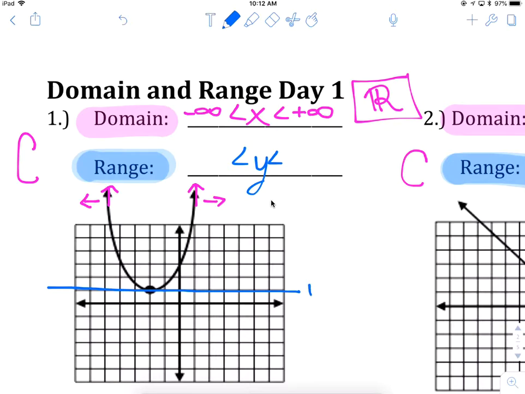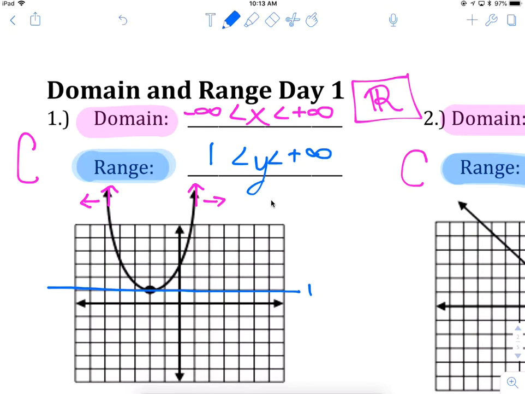Well, I'm hitting a positive 1 on the y-axis. And if I look up at my arrows, it looks like I'm going up with arrows, so that would take me up to positive infinity. So the farthest down I go is 1. The farthest up I go is positive infinity. I'm not going forever. I don't get to use all real numbers again. But I am going from 1 all the way up forever.